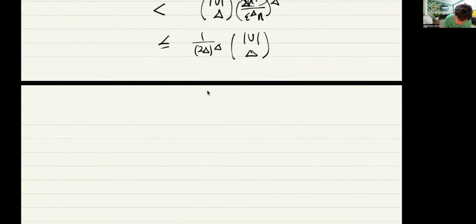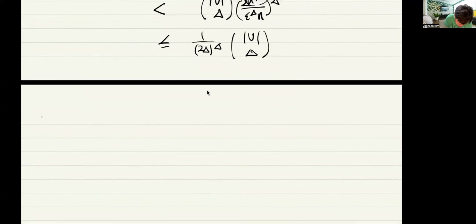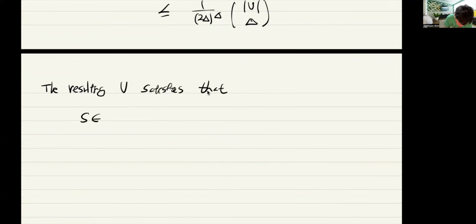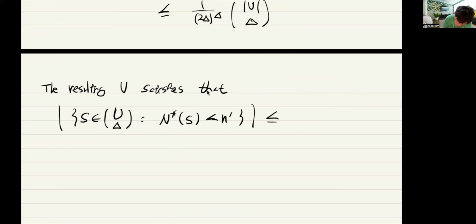So that means the resulting U satisfies that, out of all subsets of U with size delta, the ones that have common neighborhood size too small are a small fraction.